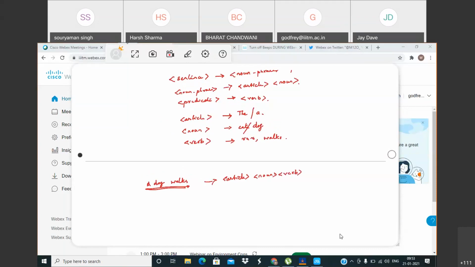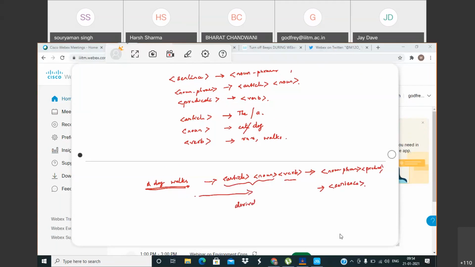And further, I will be able to say that this article and noun together form a noun phrase, followed by this verb, which is the predicate. Right? This kind of a thing is called a derivation.